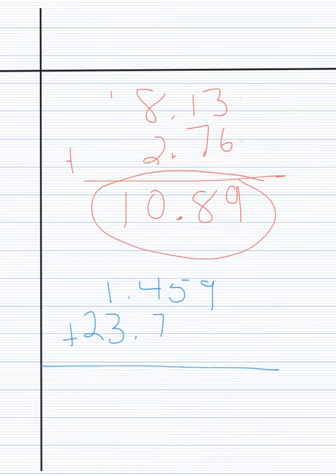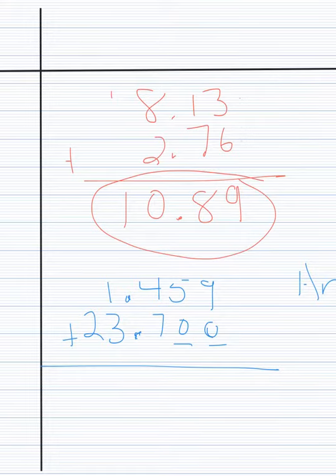Now even though we have a larger number with 23, and we don't have any decimal places here, we can do something called annexing zeros. And annexing zeros just means we can add them, but it doesn't change the value. So we would just stick 2 zeros right here, and then it makes it a little bit easier to look at this and solve for it.